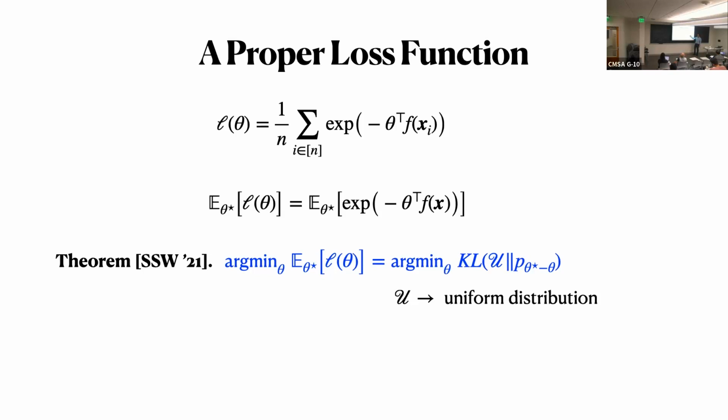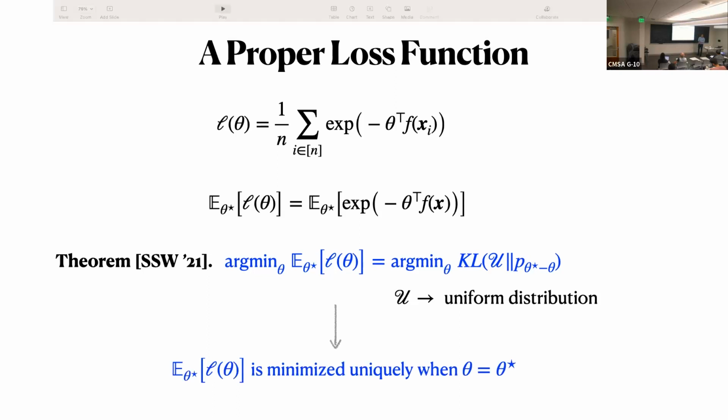And of course, the minimizer here will be the one where this is uniform. So unless there is degeneracy, this will happen only when this is 0, which means that theta equals theta star. So that's the thing, and maybe in 5 minutes I can walk you through the proof, and then we're done.